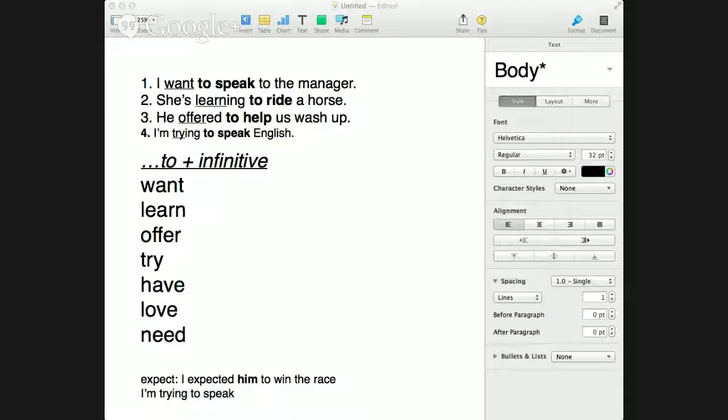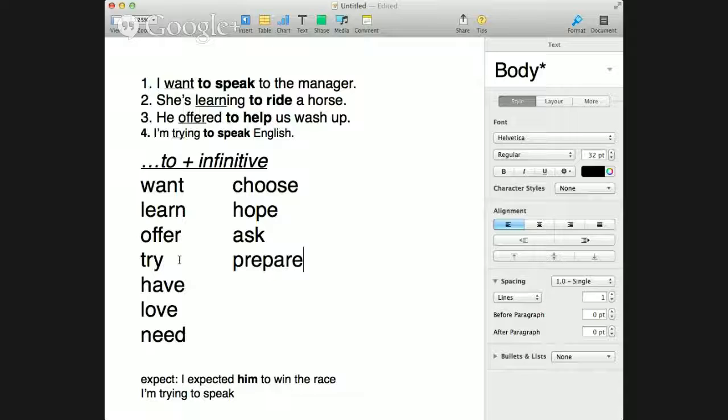Right, I'm going to give you guys some more examples of ones I think are probably useful or handy, and also ones that perhaps maybe you haven't used for fear of using them incorrectly, but now you can. So let's put another column up here. I'm going to say choose and hope, ask. Hope, you can ask. Prepare.